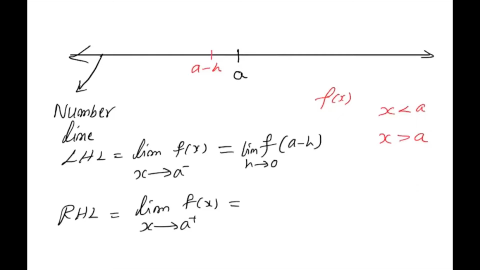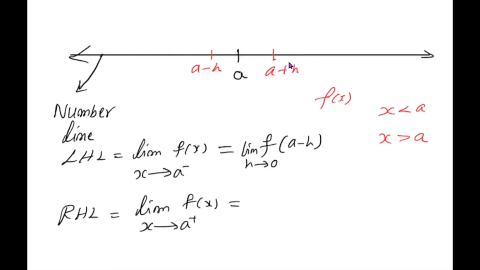In order to take the right-hand limit, replace x by a plus h. That is, you come to a little right of a, say a plus h, and take limit as h tends to 0, which is the same as moving towards a from the right.